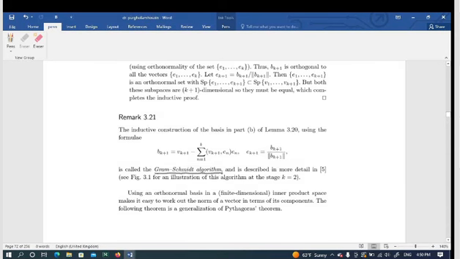So we should follow this algorithm to find an orthonormal basis from a basis. v1, v2, ..., vk is a basis, but they are not orthogonal or orthonormal in general. But we can find an orthonormal basis by a process called the Gram-Schmidt algorithm.